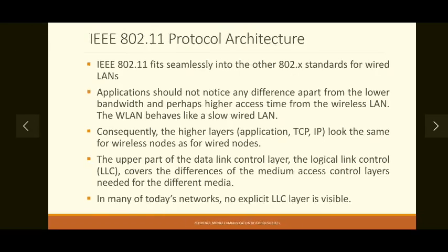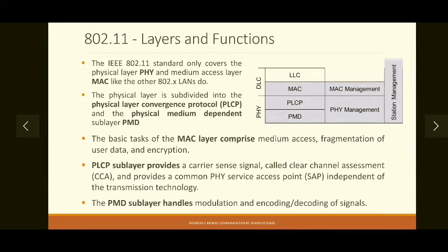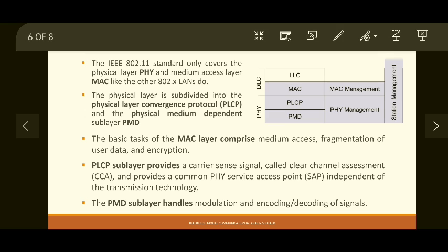Okay, so let's look at the details of the two layers which are standardized by 802.11. So you look now at the functions of each of these layers. Now on your screen you will see the diagram, which comprises further parts compared to the original protocol architecture. Now the 802.11 standard only covers, this is important, the physical and medium access layer like other wired LANs do.